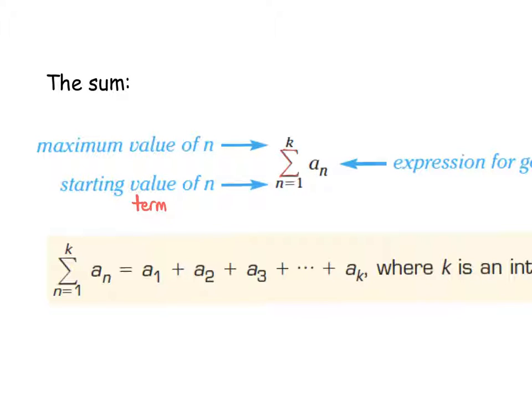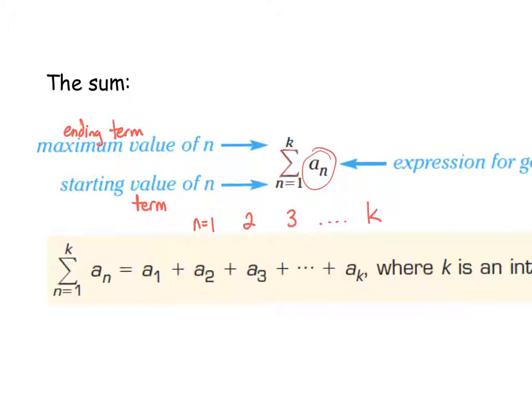And then that value at the top, k, is your maximum value or your ending term. What it means is you're taking a value of n equals 1 and plugging it into whatever the function is here. Then you plug in 2, and then 3, all the way until you reach k.